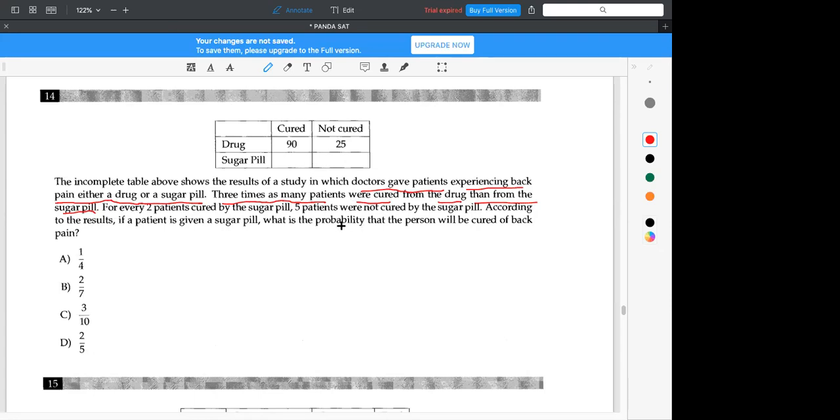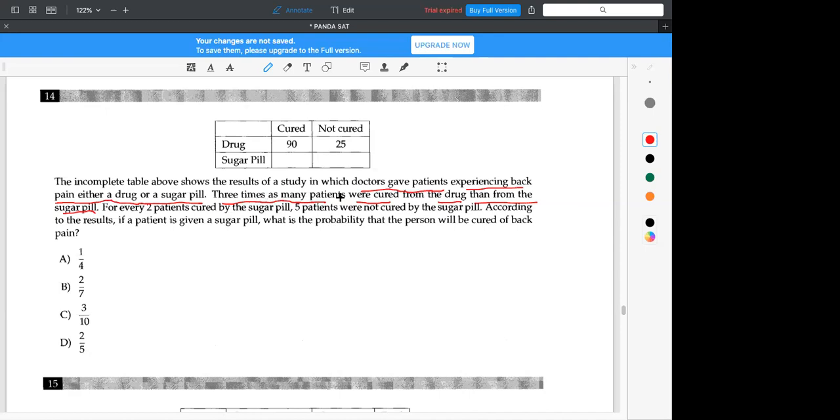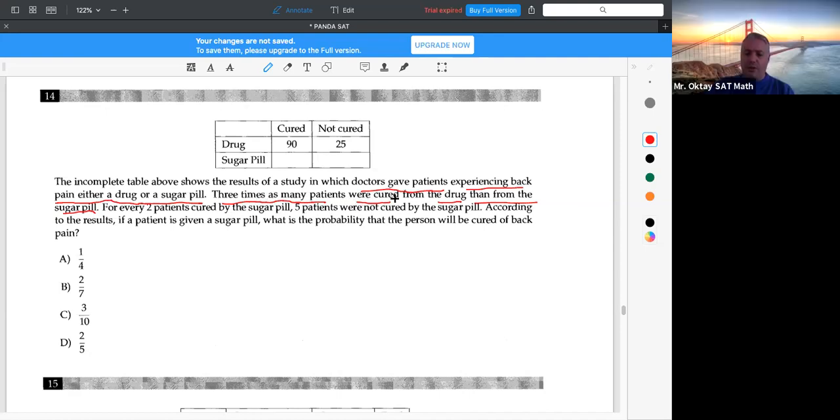Oh, we should write, let me see, 3 times as many patients. So 90 times 3? As many patients were cured from the drug than from the sugar pill.